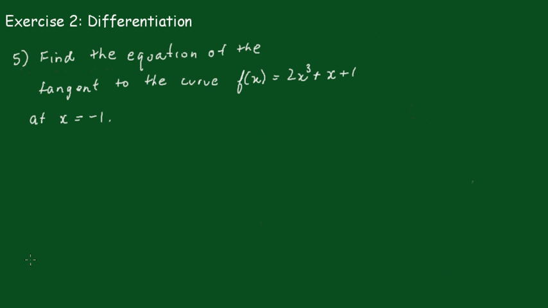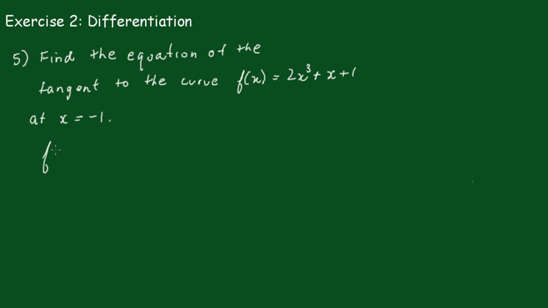Okay, question 5. Find the equation of the tangent to the curve f(x) equals 2x cubed plus x plus 1 at x equals -1. Again, just pause the video. All right, now, clearly what we need to do first is find out what the function value is.